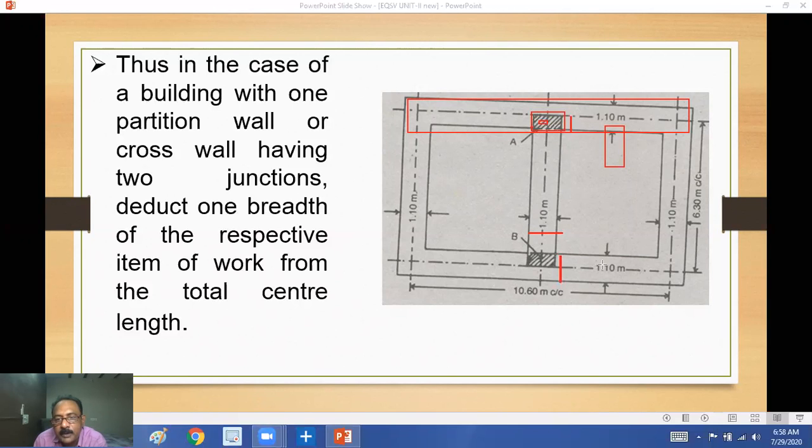So in this way, you have to calculate this width for the opposite side also, to get the center line length of the wall. This is very important. If you understand this concept, you will do problems very easily.